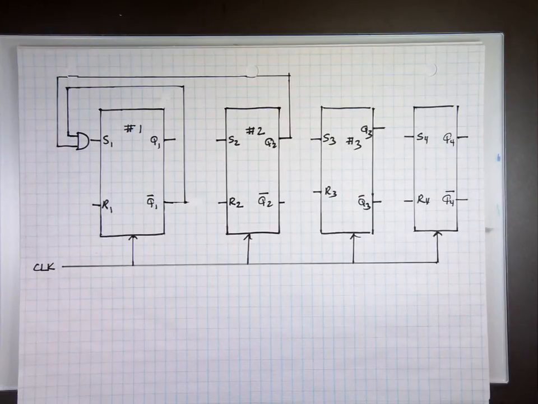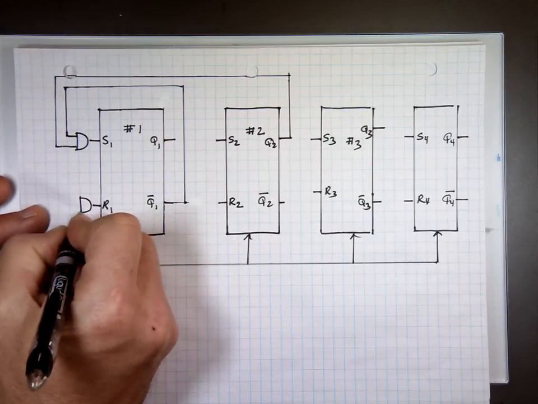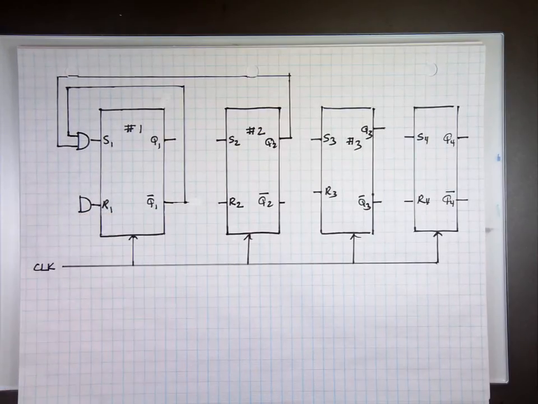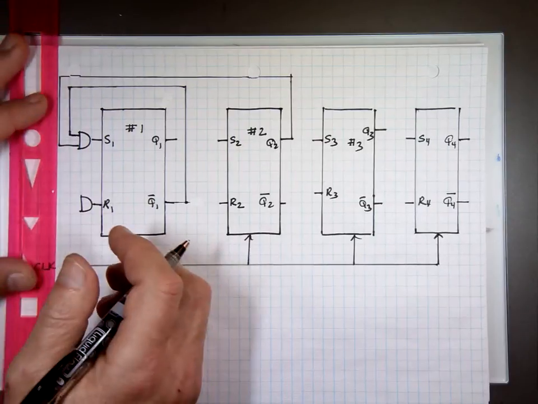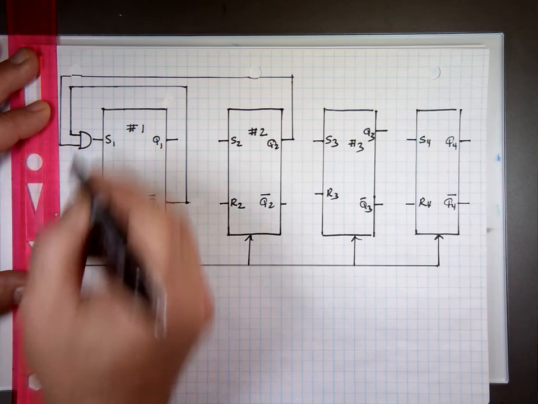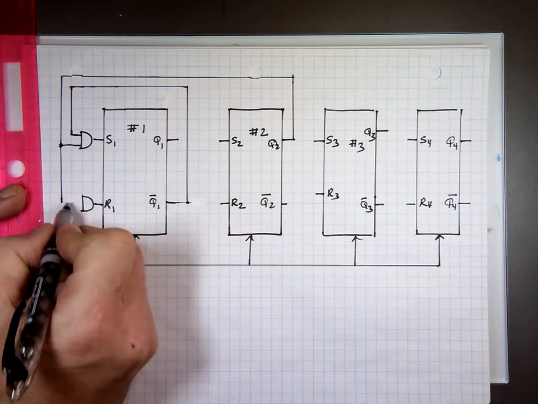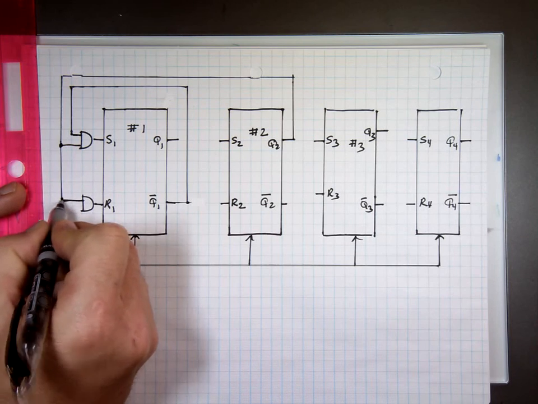Now R1 is an AND gate with Q1 and Q2. I already have Q2 here, which is this one. So let me extend it just a little bit. And now I'm going to have Q1, so let me move this up there.